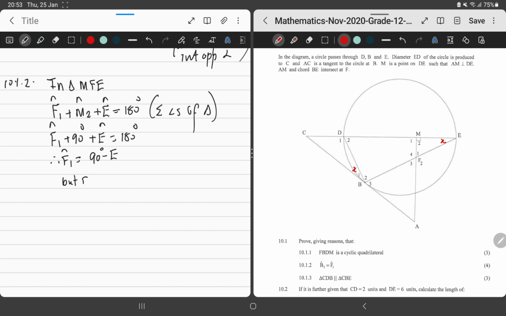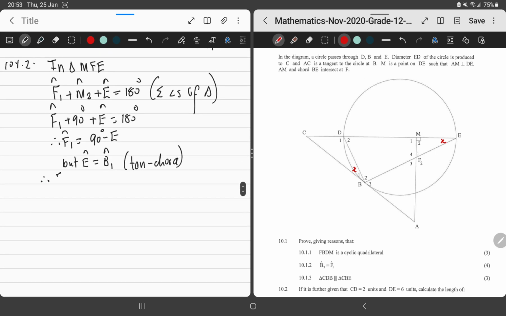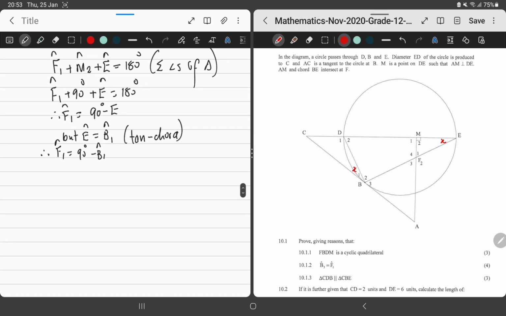But E is equal to B1. That's because of the tan chord. So F1 is equal to 90 degrees minus B1. B1 plus B2 plus B3 is equal to 180 degrees, and they are angles on a straight line.